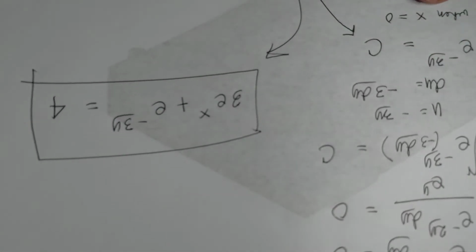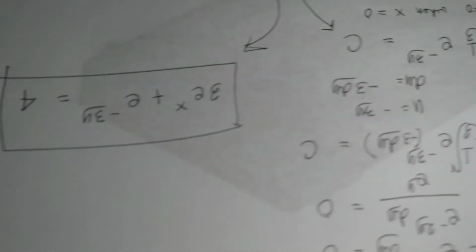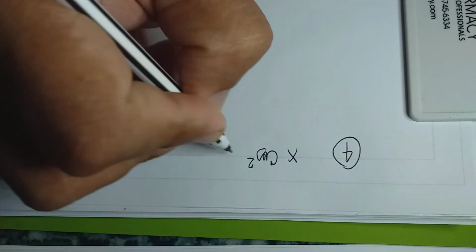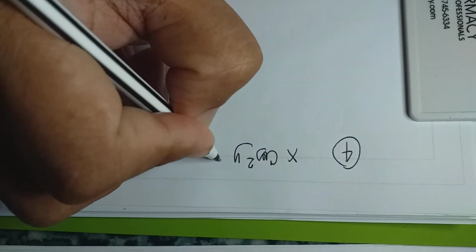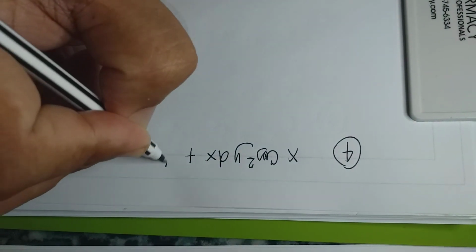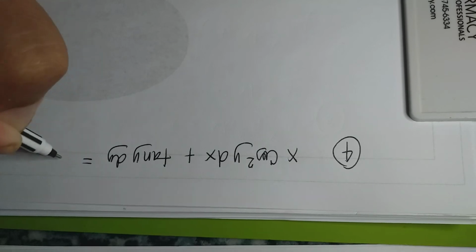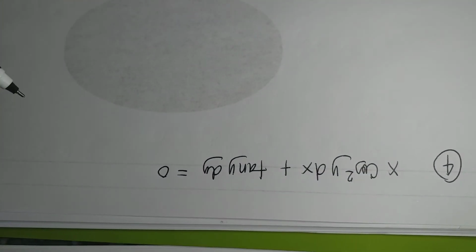Now let's go to example number 4 on the separation of variables. We have number 4. Find the complete solution of x cosine squared y dx plus tangent y dy is equal to 0.